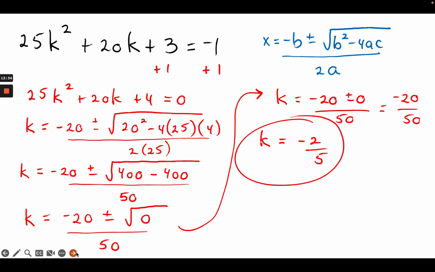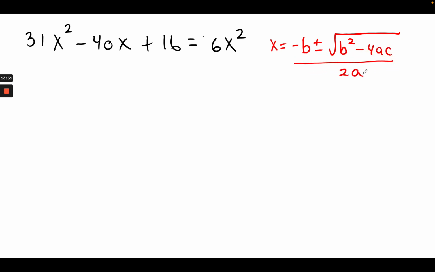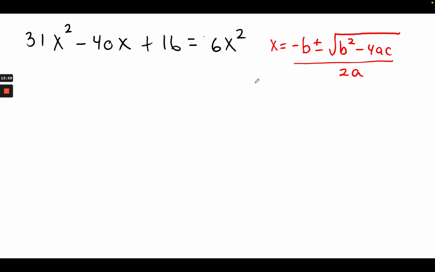Okay, next one, number 5. x is equal to negative b plus or minus the square root of b squared minus 4ac all over 2a. Okay, so what's the problem with this one? It does not equal 0. So we're going to subtract 6x squared from both sides.